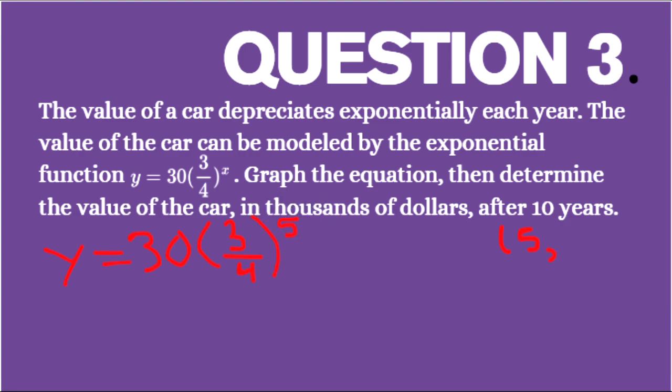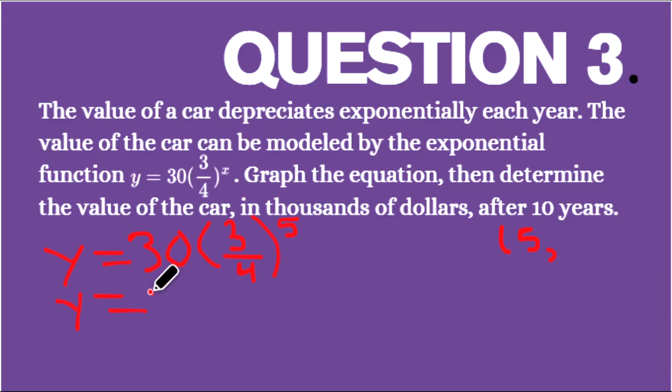So grab my calculator. 3/4 is equal to 0.75. So there's 1, 2, 3, 4, 5. Okay, so that gives us a really big number. I'm just going to change it to 0.2373. Okay?